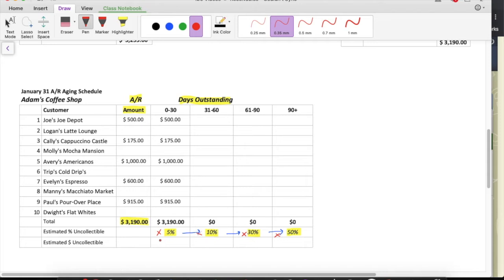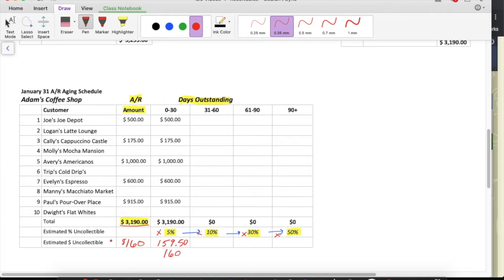And so my amount here, if I calculate it, is $159.50. Now, we may just round this up, make it an even $160, just for the ease of our work here. So the total amount that I think will not be collected is $160 of my $3,190.